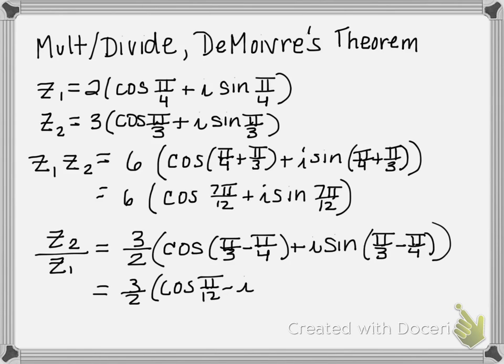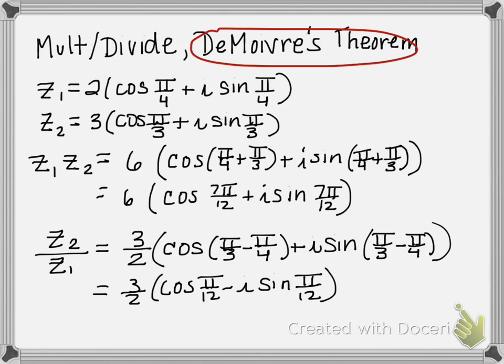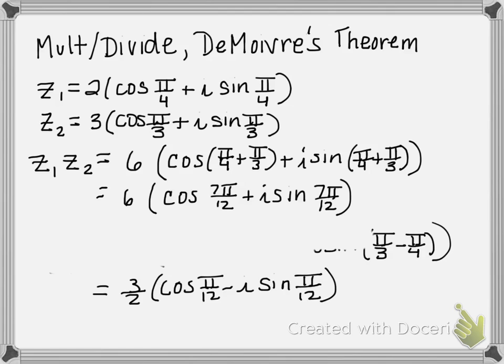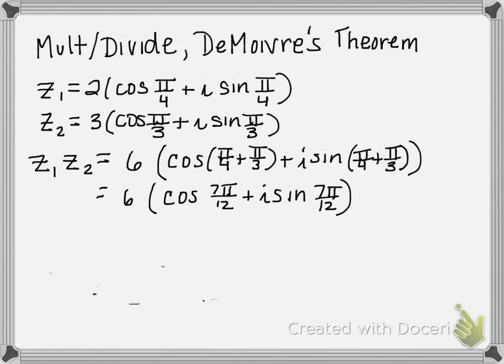Okay, then we'll go to De Moivre's theorem. Up here, you see, we're going to recall De Moivre's theorem. And what is that? Let me erase this, and so I can set up for De Moivre's theorem, and that's going to be z1 to the 4th power.